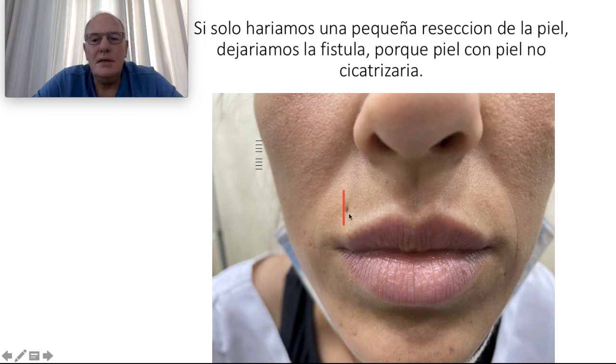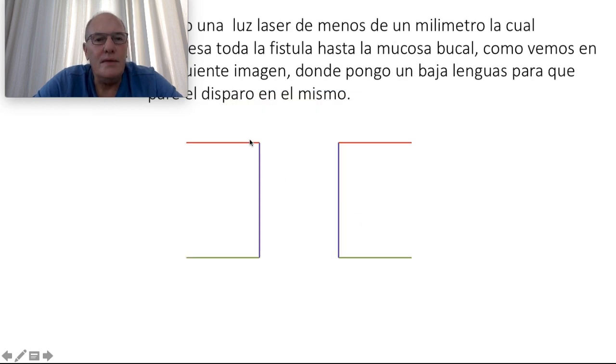The question is, this fistula goes from the skin to the mucosa, and in order to close it, the surgeon must not only remove the skin, but also needs to remove this area.